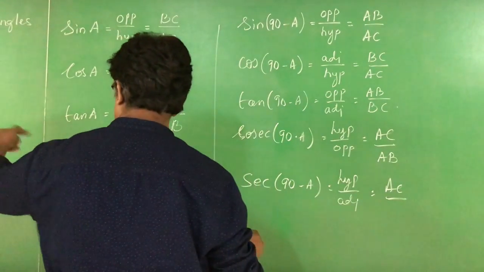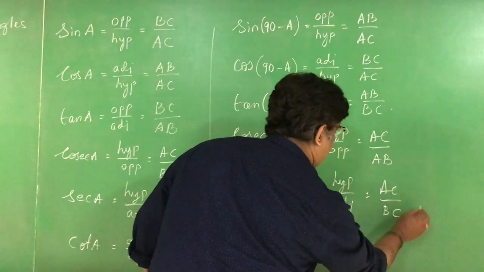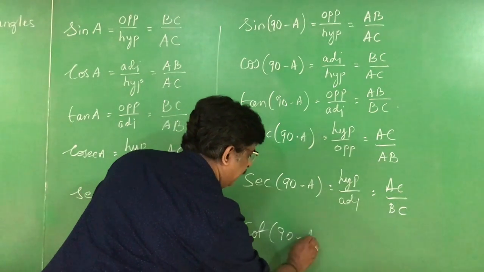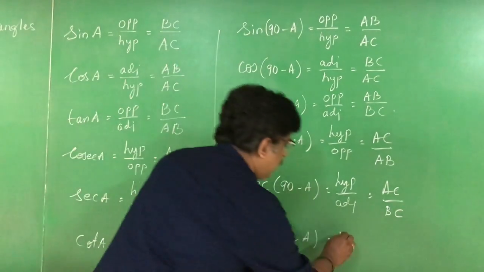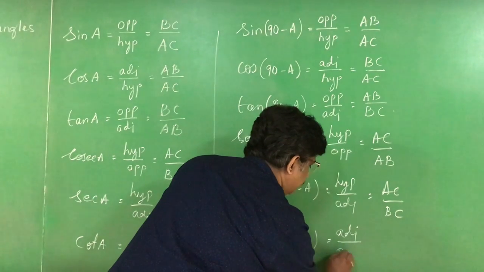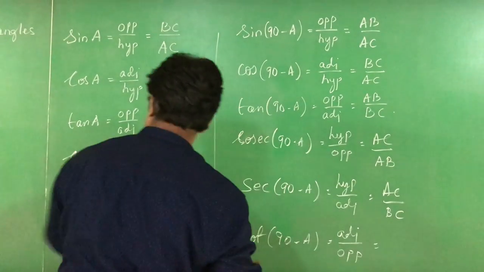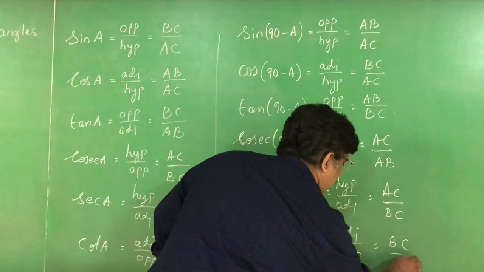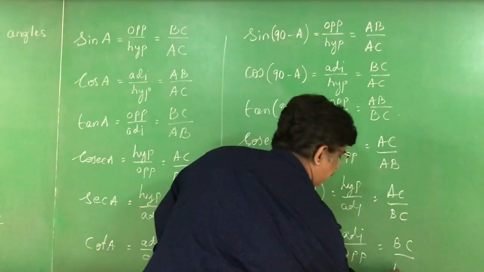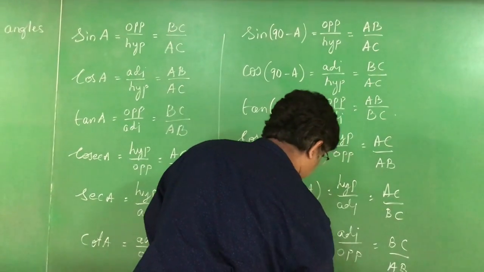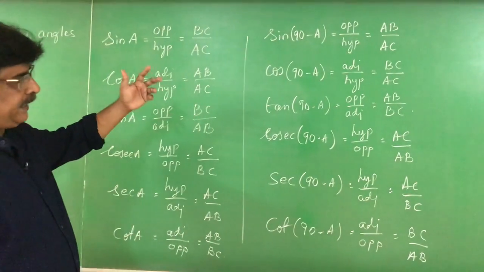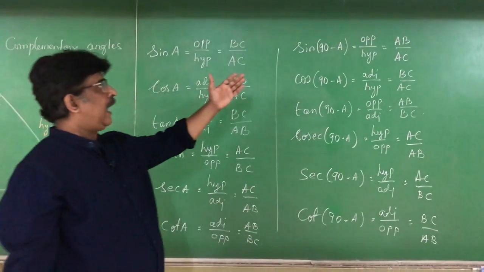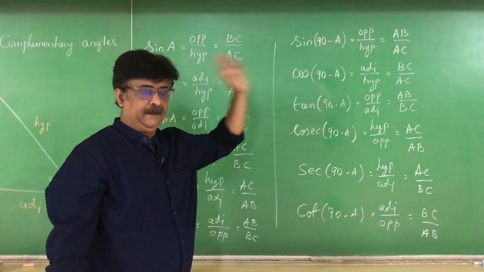Adjacent for 90 minus A is BC. The last one is cotangent 90 minus A. Cot theta is equal to adjacent by opposite. Which is the adjacent side for 90 minus A? That is BC. And opposite is AB. See, I listed all the 6 trigonometrical ratios with respect to angle A and with respect to angle 90 minus A.